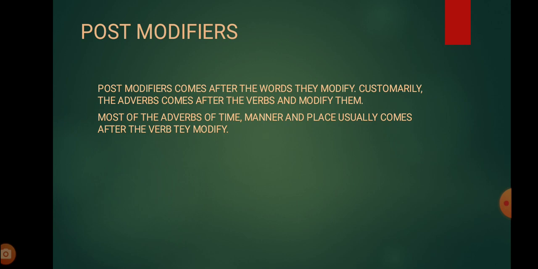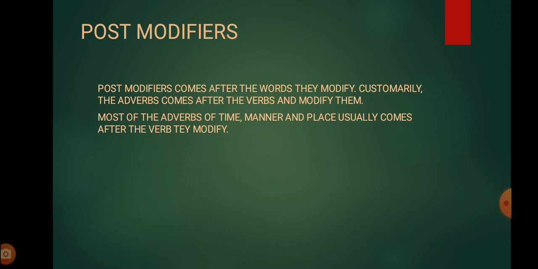Let's see the post modifiers. What are the post modifiers? Post modifiers come after the verbs they modify. That is customarily the adverbs. Are we clear? The adverbs come after the verbs and modify them. So almost all adverbial modifiers come after the words they modify.